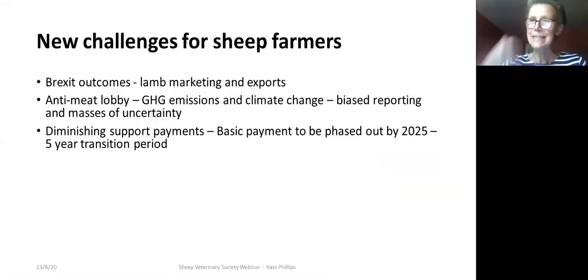I guess this isn't an area of sheep farming that you get very involved in, but my aim tonight is really to give you an overview of sheep economics and how we work things out in a routine way, and just to show how profitable or unprofitable sheep farming is at the moment, and run you through some of the basic methods we use to look at profitability and cost benefit analysis.